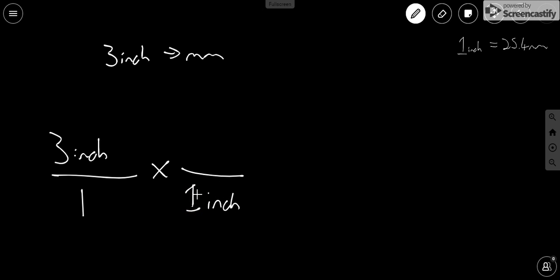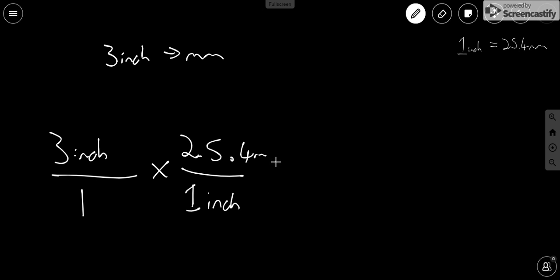Our ratio says that 1 inch is equal to 25.4 millimeters. So what we have is a ratio that we're timesing by itself, and this can get a little bit confusing.